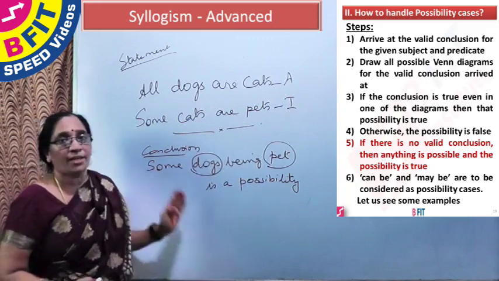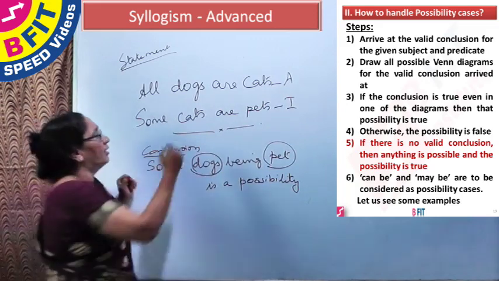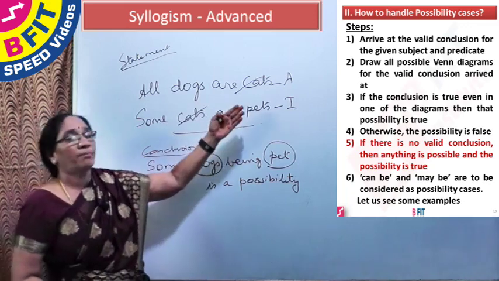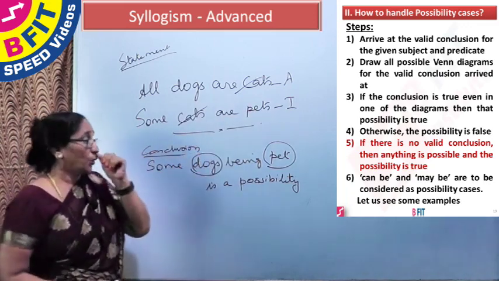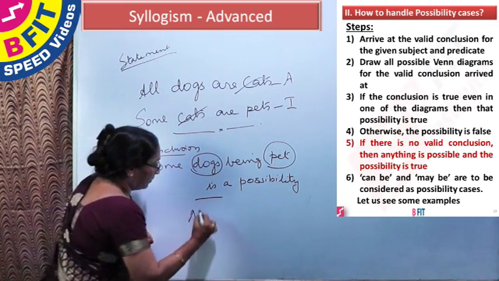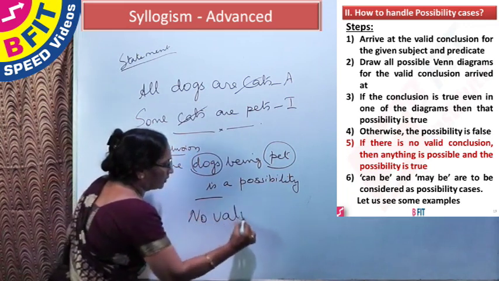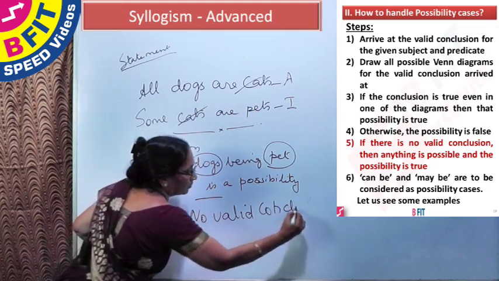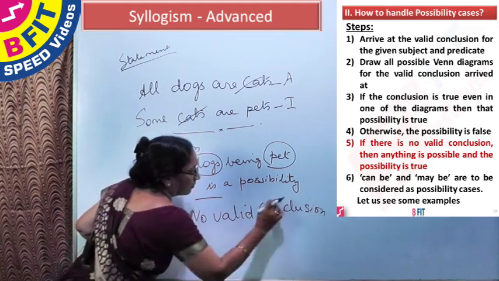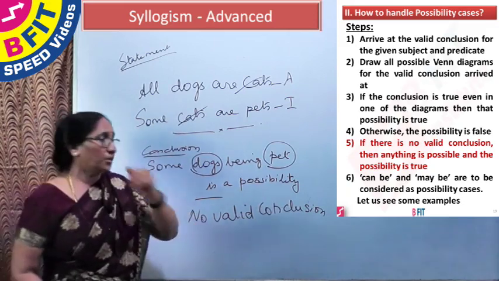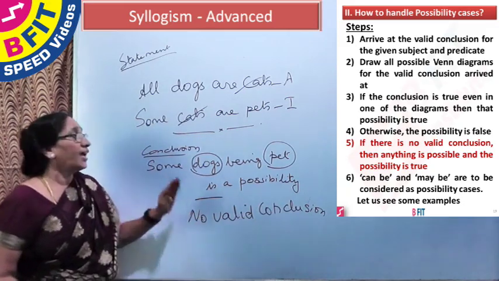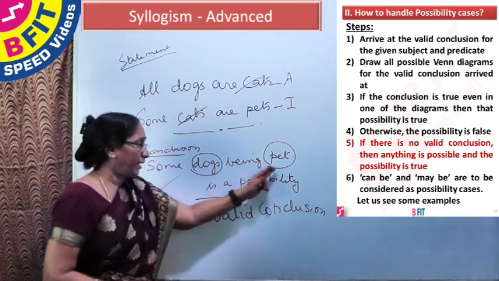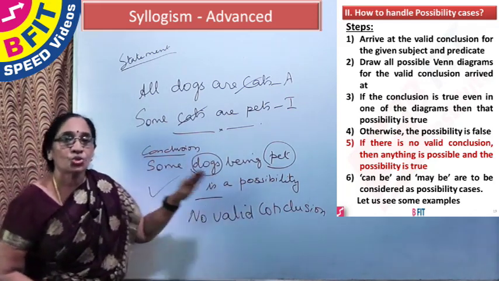The conclusion being an immediate conclusion, we will not be able to arrive at a valid conclusion combining A plus I. And so here we do not have any valid conclusion, and in this case, anything is possible. That is, some dogs being pets is a possibility is true in this case.